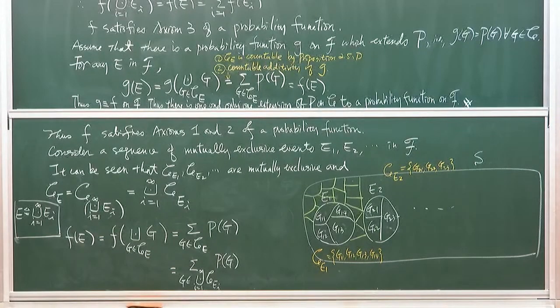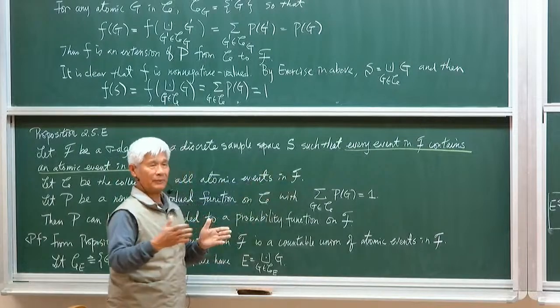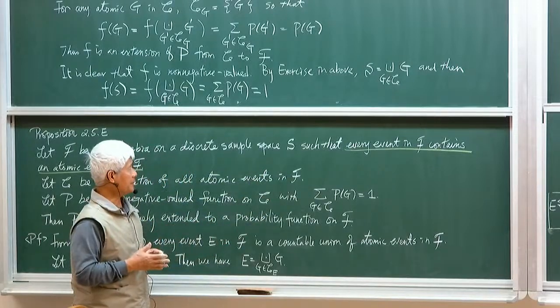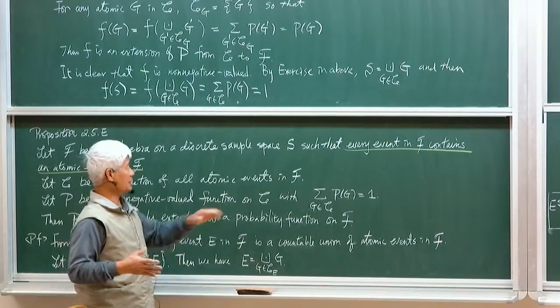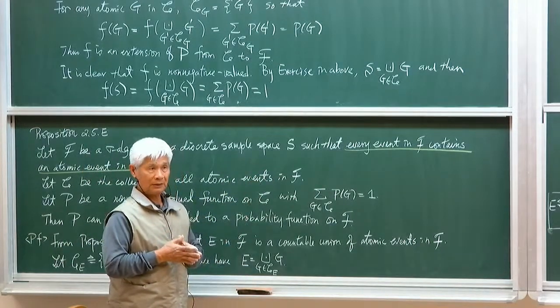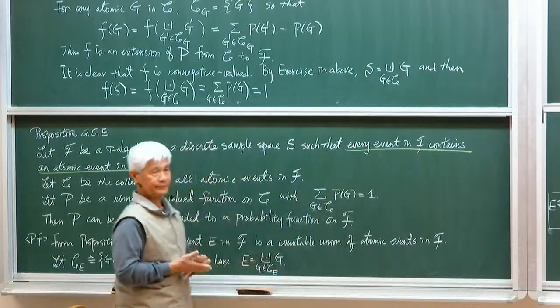But if the sample space is just discrete, meaning countably infinite, so even though S is still discrete it has infinitely many outcomes, if you select the power set of S to be the sigma algebra, then this is also true.